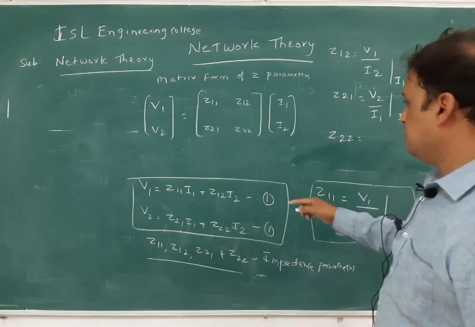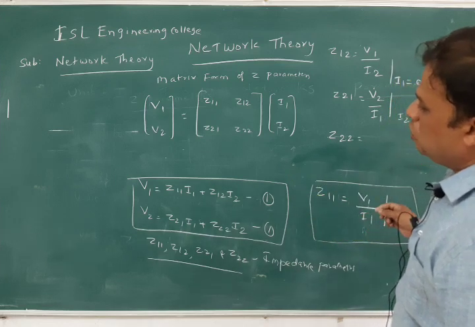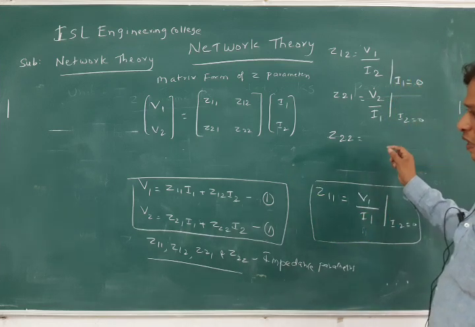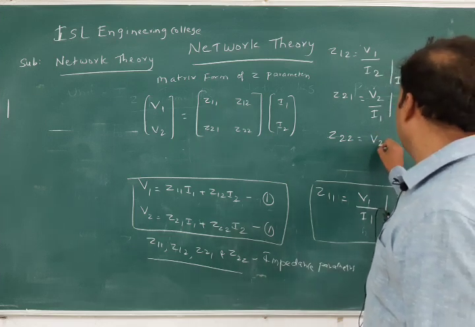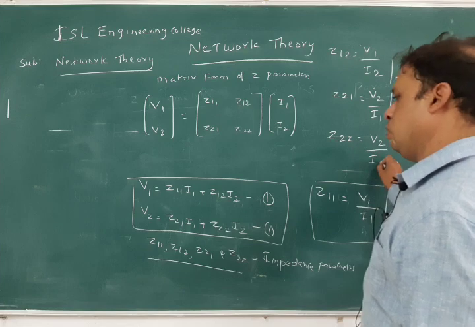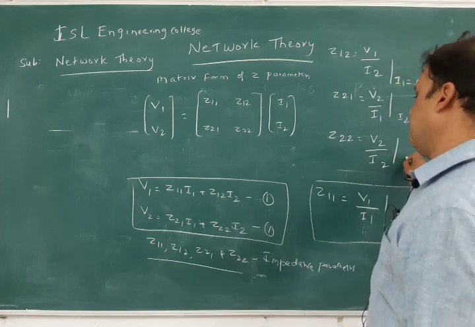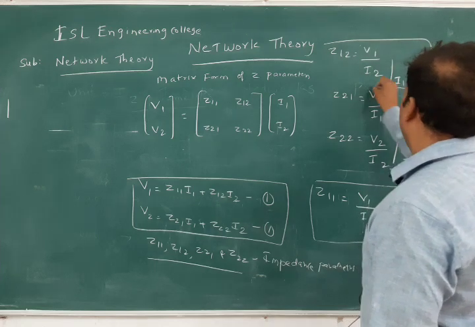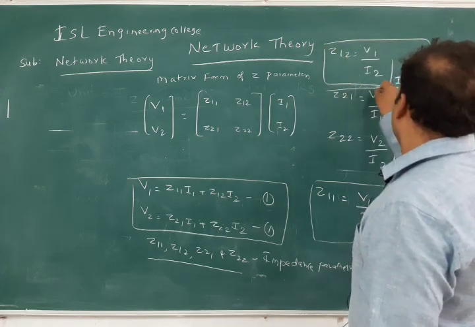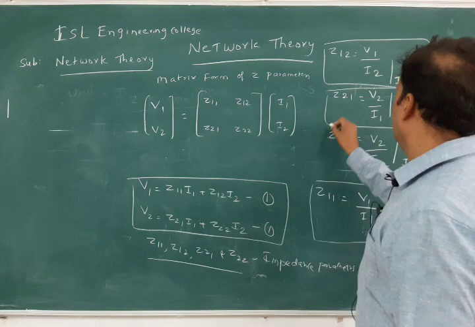I1 should be 0 means the input port should be open circuited. That means you will get the equation Z22 equals V2 by I2 at I1 equals 0. So here we are getting these 4 equations, the Z parameter equations called Z11, Z12, Z21 and Z22.